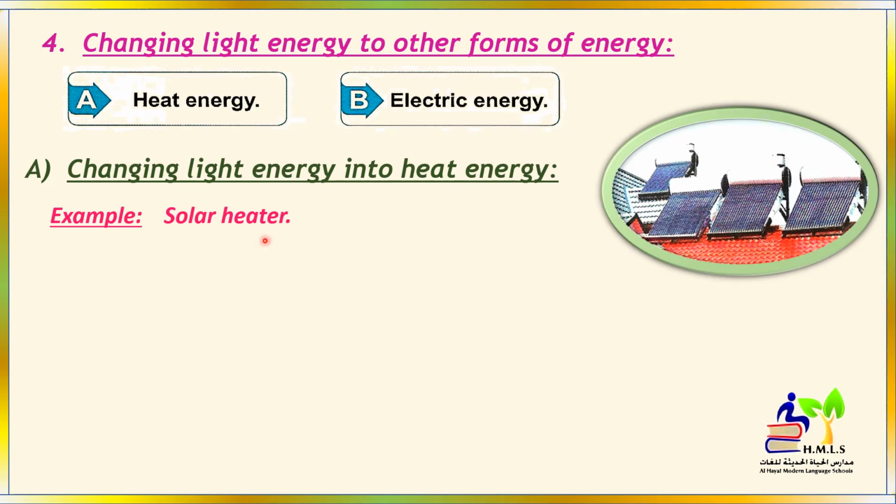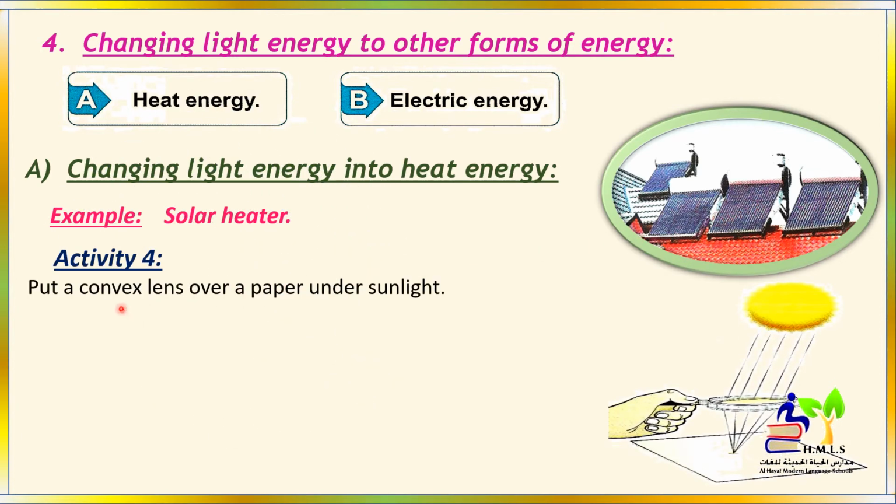So the solar heaters fixed on the roof of the buildings use the sunlight, or the light energy produced from the sun, and change it into heat energy. It can heat the water. Okay, we are going to make an activity 4.